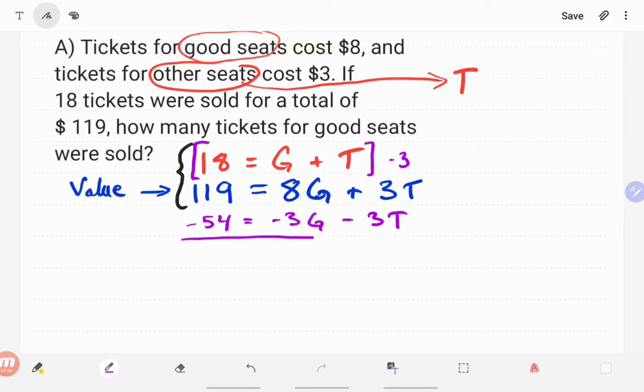And I'm multiplying this by -3 so that my T variables here cancel. What I'm left with is 5G is equal to 119 minus 54, which is 65. Right? And if I want to solve for G, I just divide both sides by 5, and I get G, the number of good seats, is equal to 13.